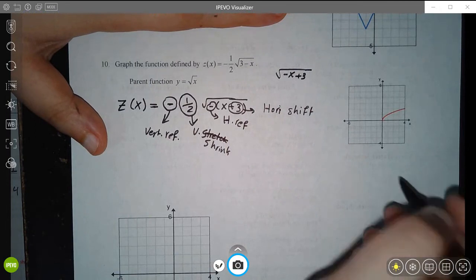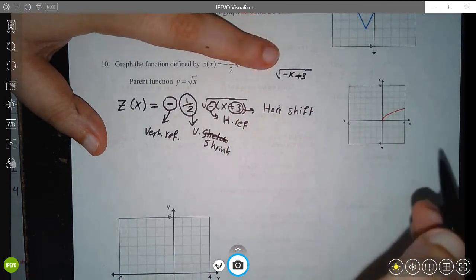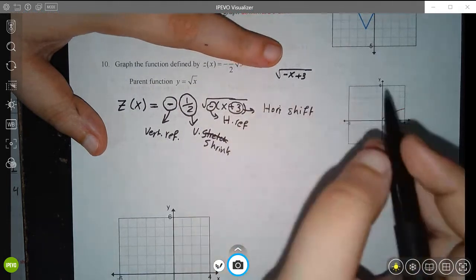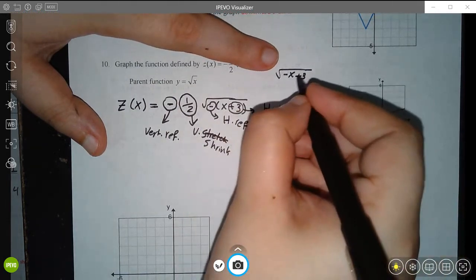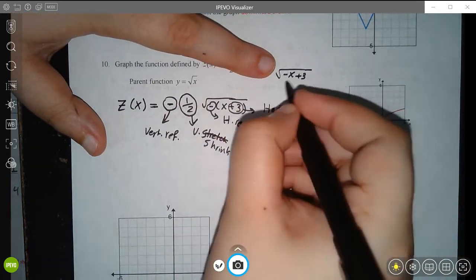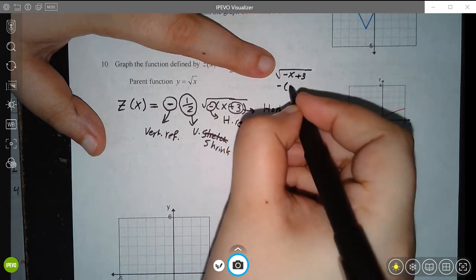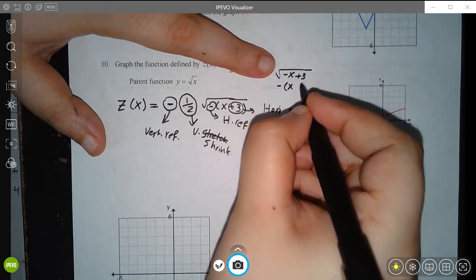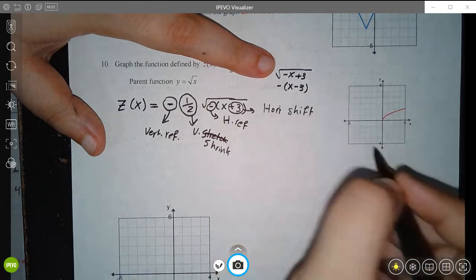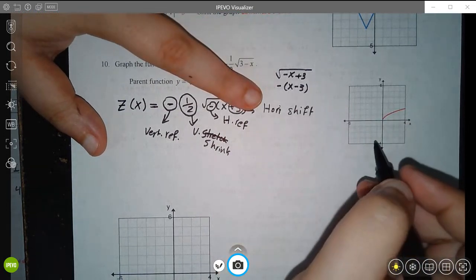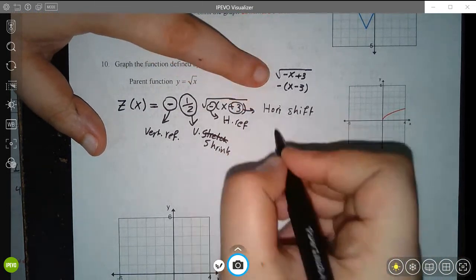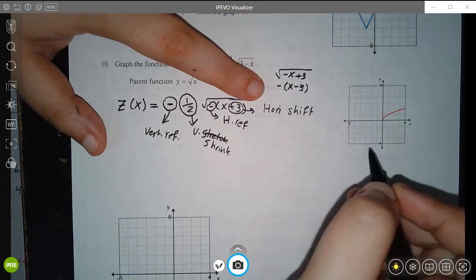Now, you can, if you want to, which I didn't do here, flip the sign. If I take a negative out from both, this turns into a positive x, and the 3 turns negative. If you want to do that, you can. But I thought it didn't matter since the shift is already identified.